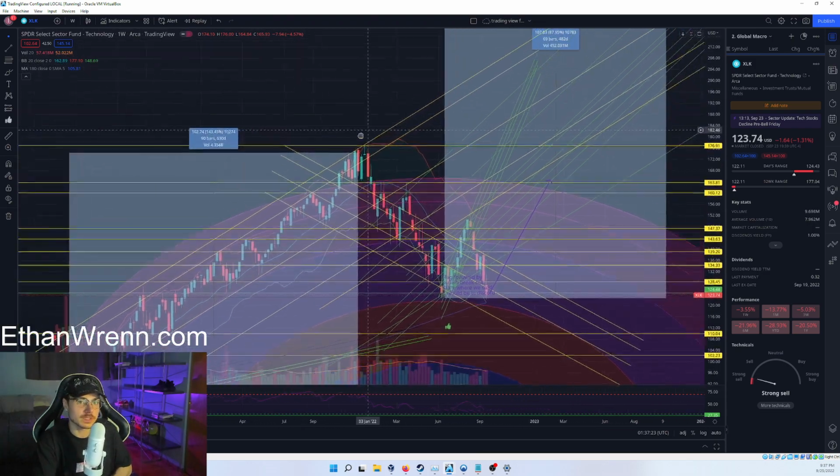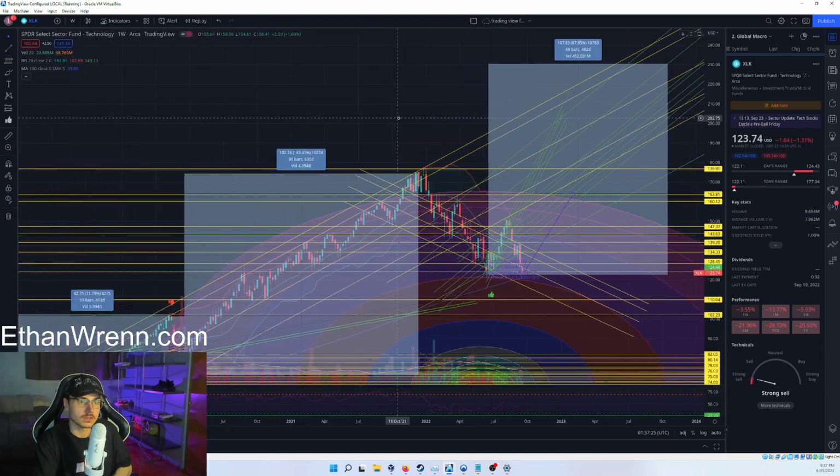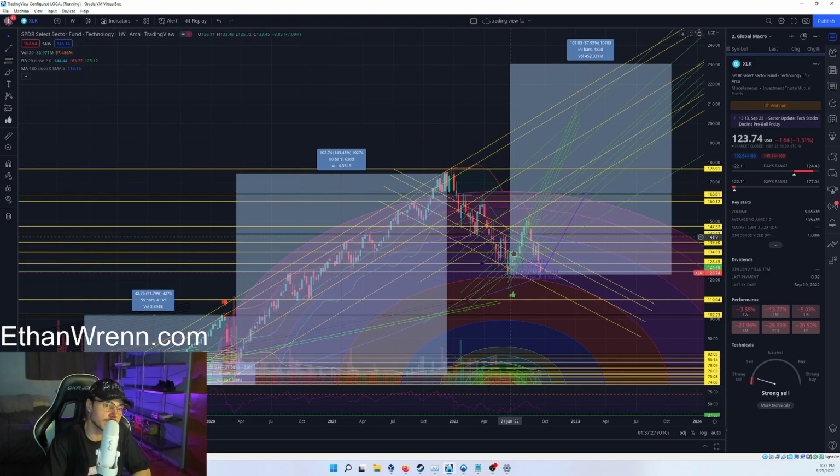Now, how much do we expect this symbol to grow? Well, currently, we are projecting as much as a 90% gain on the XLK. Very great index, again, representative of U.S. technology. Let me pull up a list of its holdings for you guys real quick.